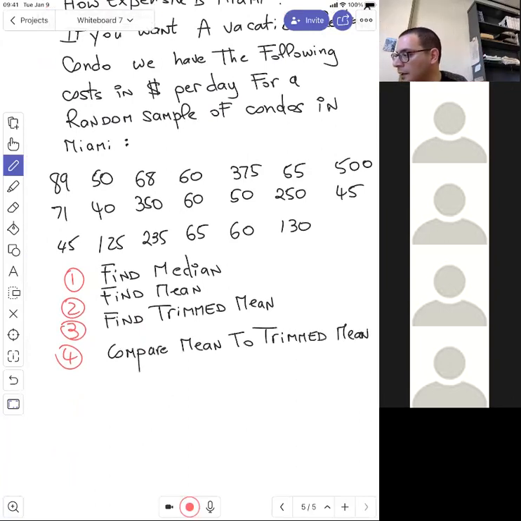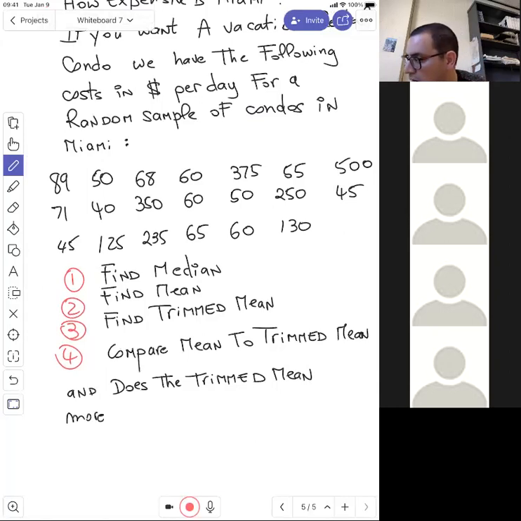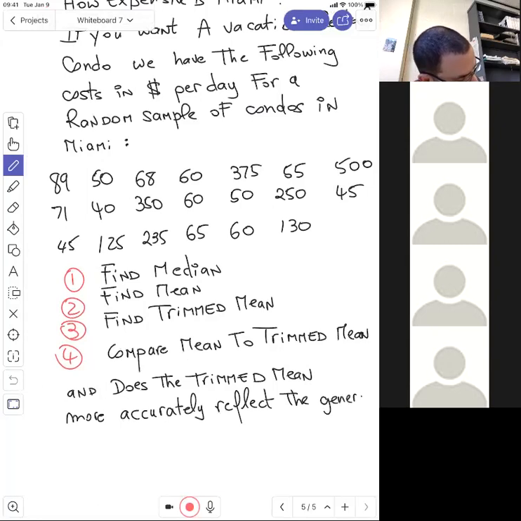Okay, and do you think the trimmed mean is more accurate, does it better reflect the general level of daily rental costs?